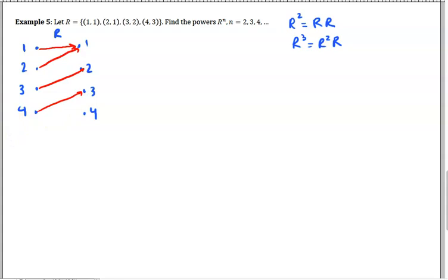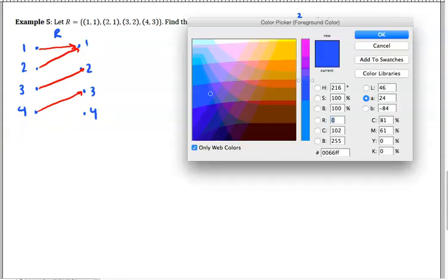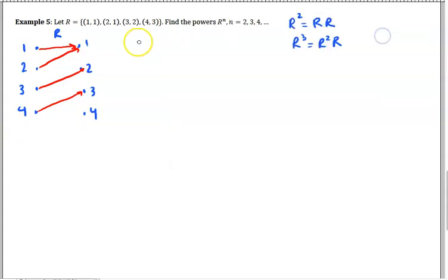Okay, so if I want to compose it with itself, then we're going to do 1, 2, 3, 4 like this. So these become my inputs and they go to the outputs. So let's draw the arrows. So 1 goes to 1, 2 goes to 1, 3 goes to 2, 4 goes to 3. So we're applying the R relation again.